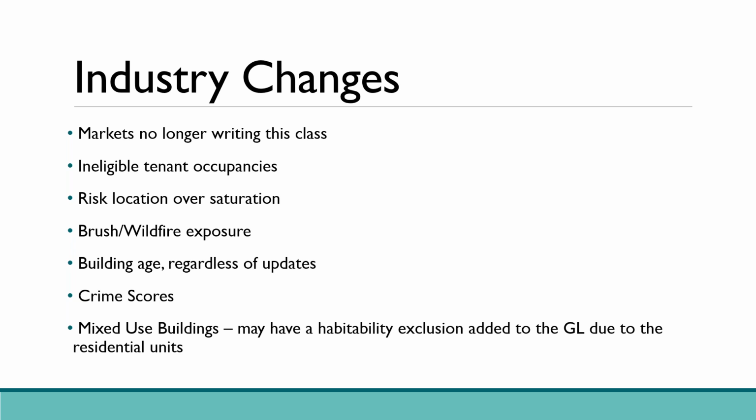Brush and wildfire exposure, that's a big thing, especially in California, and it is branching out into other states. As we all know, Texas just had that over a million acre wildfire, and then it's Oregon, Washington. They know about wildfires as well, so I definitely would expect to see more changes coming down for those areas that are highly affected by them.